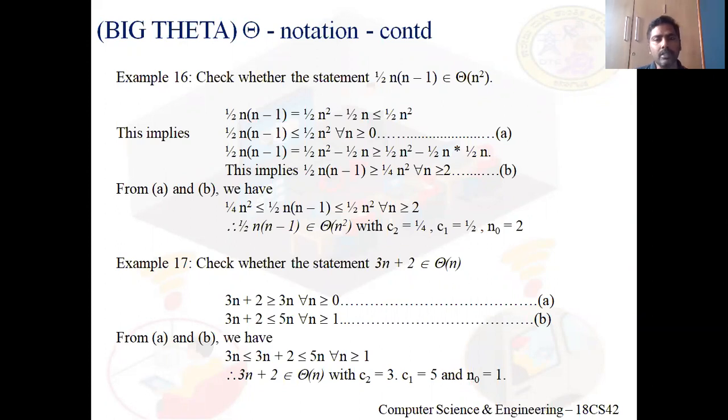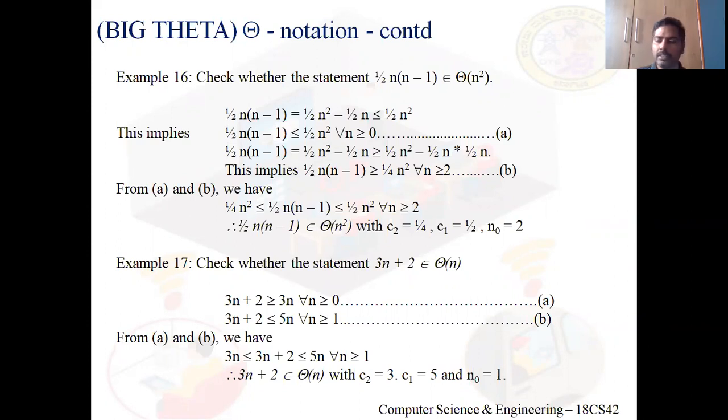There are three notations for this: big O, big omega, big theta. Big O gives an upper bound for the basic operation count. Big omega gives a lower bound. Big theta gives the same bound, both lower bound and upper bound.